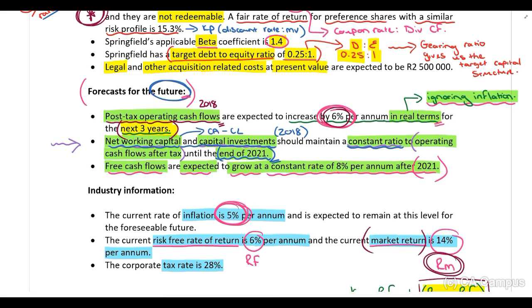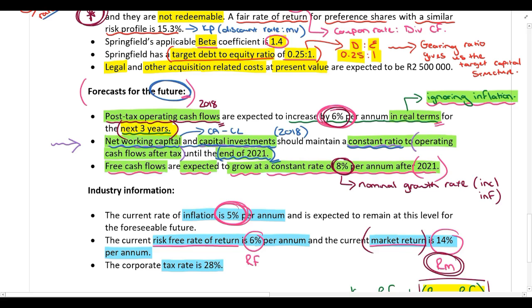Now, please note here, guys, because it's silent, you can assume that this is the nominal growth rate. And remember, if this is the nominal growth rate, it includes the effects of inflation. So inflation has already been taken into account.